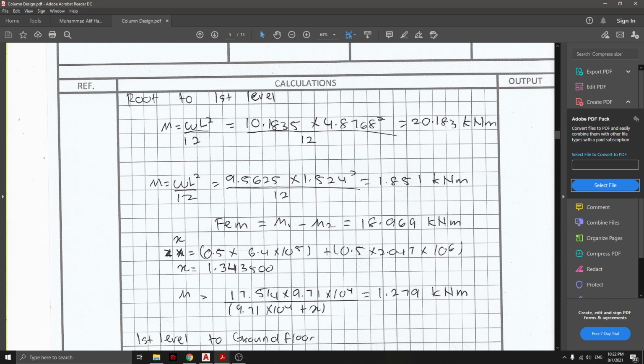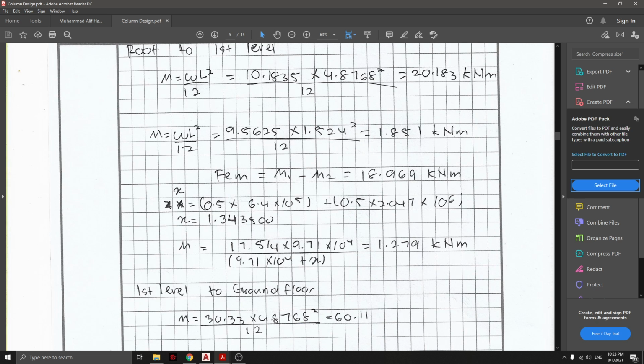I calculated it earlier, so I don't have to manually put the calculation over and over again. So this is X, my X is 1.34 times 10 power 6.